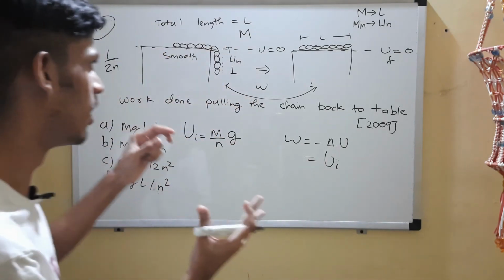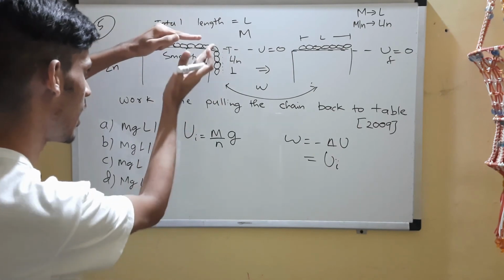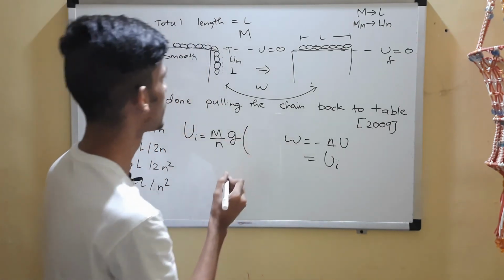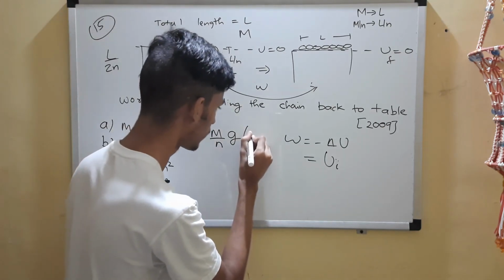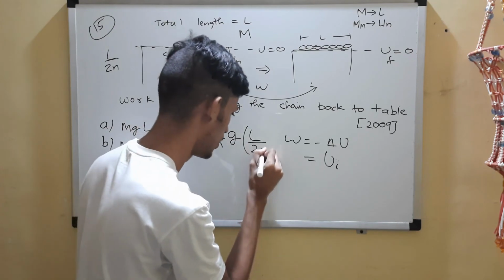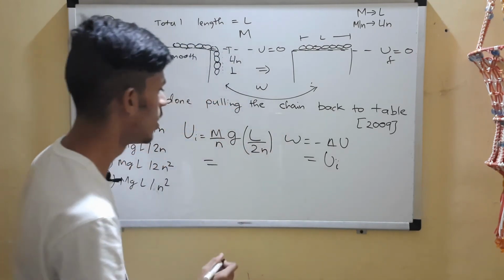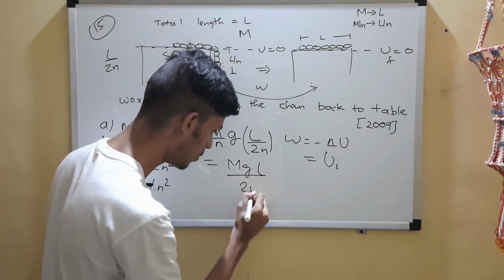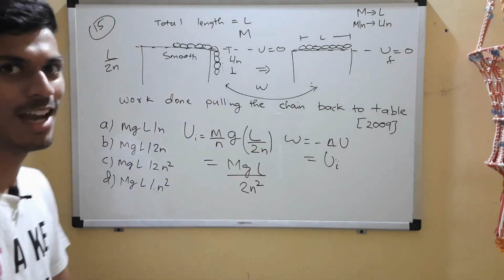So we can assume that the entire mass of this hanging portion is located over there. So the height h will be L by 2N, the position of the center of mass. So that will give us MgL by 2N squared, and that will be our answer.